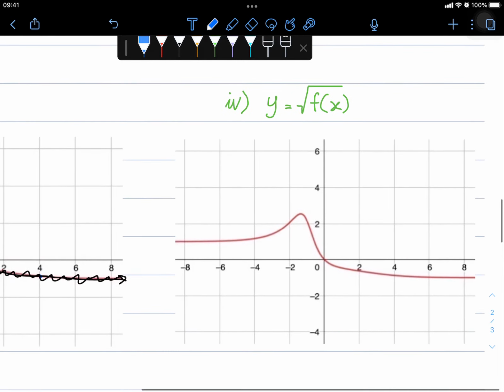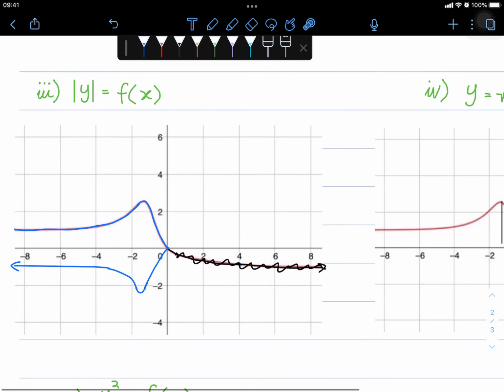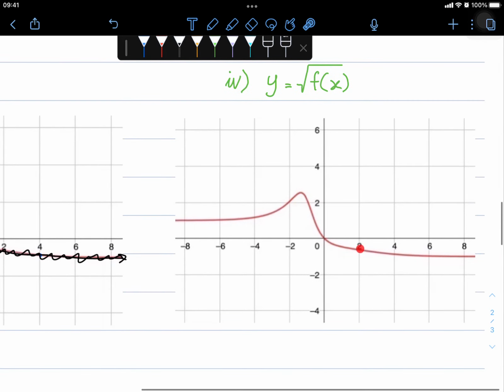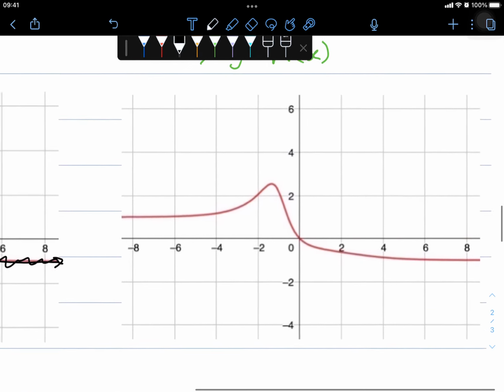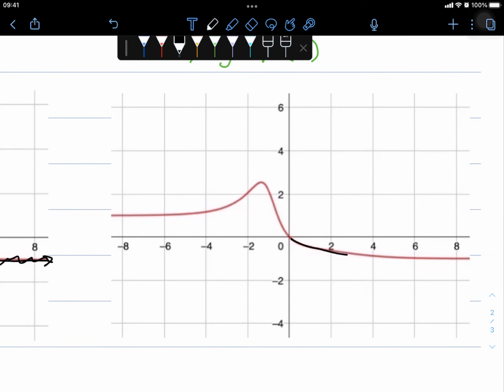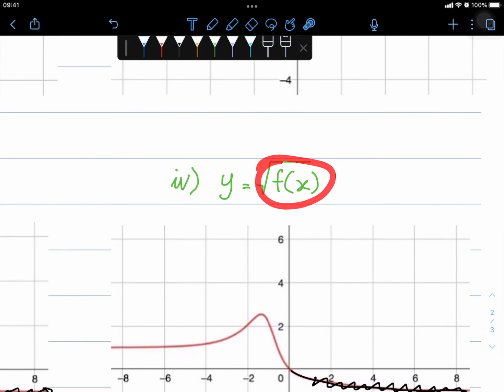Y is equal to square root of x. Similar to this one, negative values cannot be taken square root of, because square root of, let's say, -1 does not exist. It's not a real number. So once again in black, these that I'm highlighting do not exist in this relation.